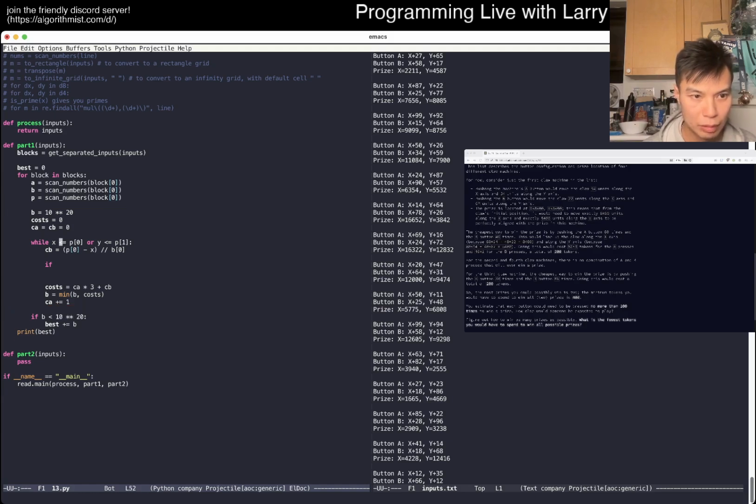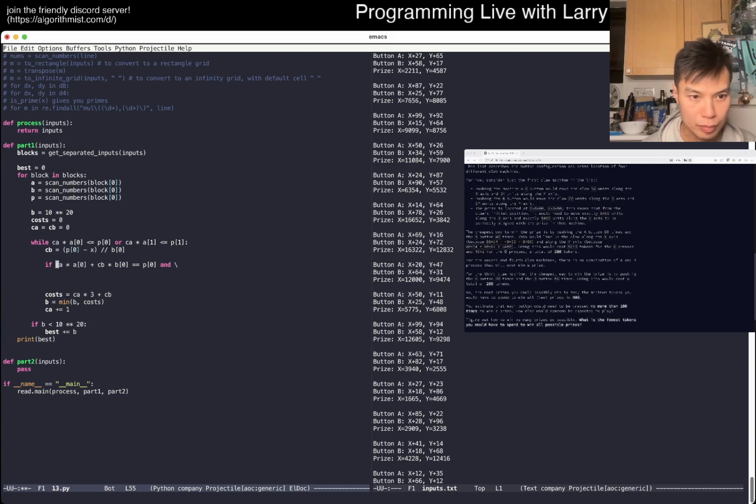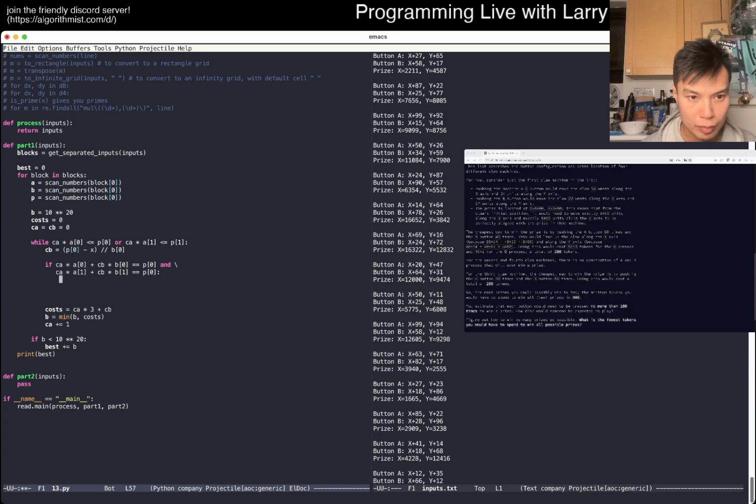I like the way I was writing it. Probably not the time for a refactor, honestly, but oh well. And this is actually pretty straightforward. I'm taking like a really long time with it.